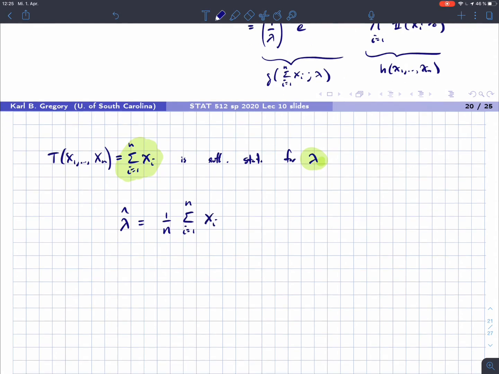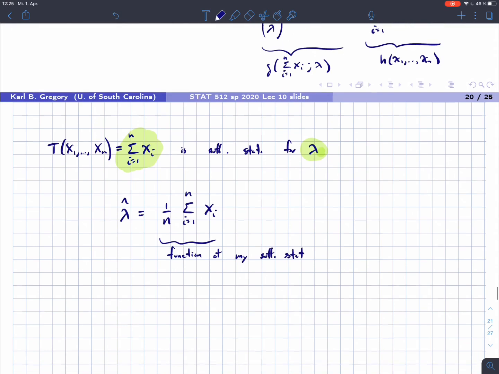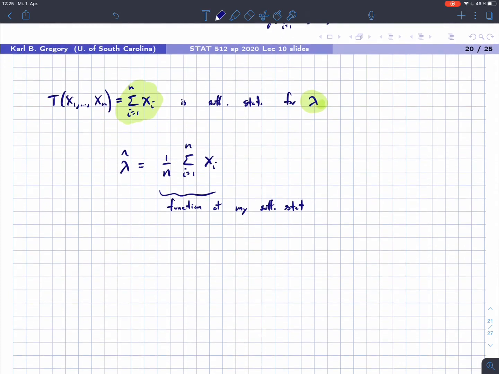Okay, so this is a function of my sufficient statistic. And let's see if it's unbiased. So if I want to compute the expected value of this lambda hat, the expected value passes through the sum, and I get 1 over n times the sum of n lambdas. So I get n times lambda over n, I get lambda.